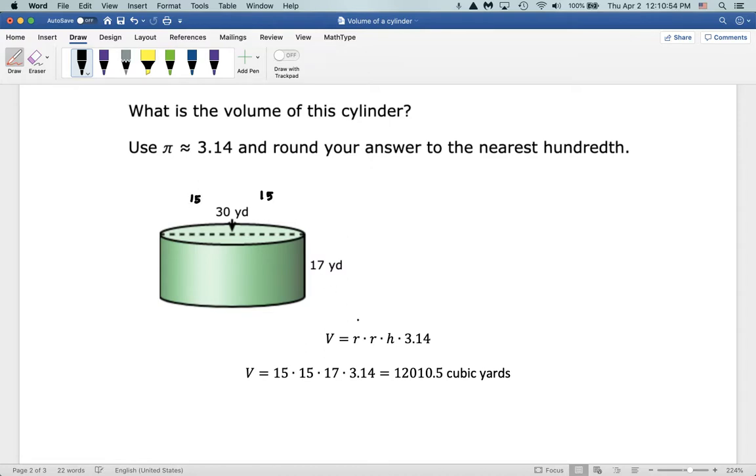So I take half the diameter and multiply the radius by itself. Then I still multiply by the height, 17. I still multiply by 3.14. Use a calculator, 15 times 15 times 17 times 3.14 gives me 12,010.5 cubic yards. So again, be careful if they give you the diameter that you don't use that accidentally as the radius. You cut it in half.